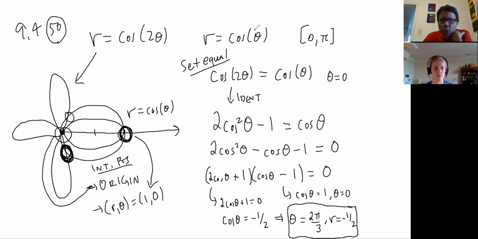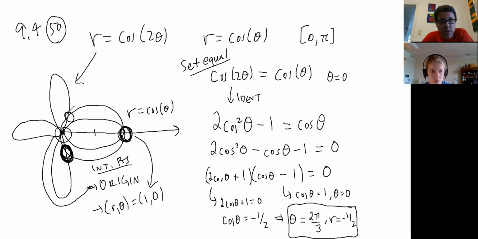So in order to get to the origin, I need this angle to be pi over 2 so that the radius is 0 and I'll hit the origin. This one is going to occur when this angle is pi over 4, because pi over 4 times 2 is pi over 2. The cosine is 0. So if I were to draw these simultaneously and watch them move, they wouldn't hit the origin at the same point, but they would hit the origin eventually.